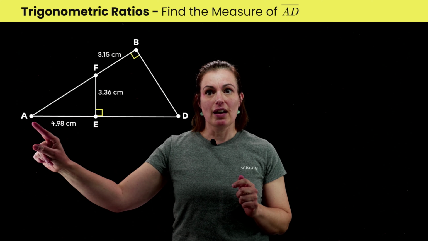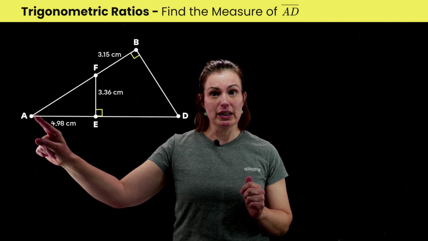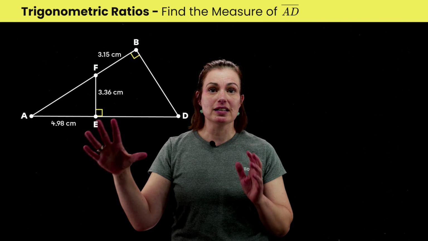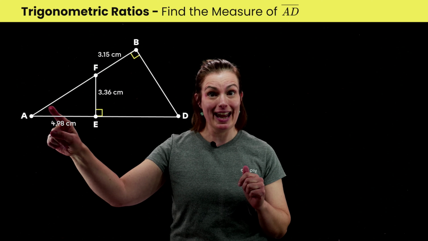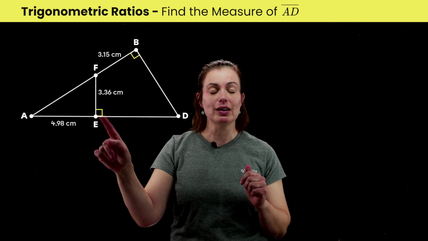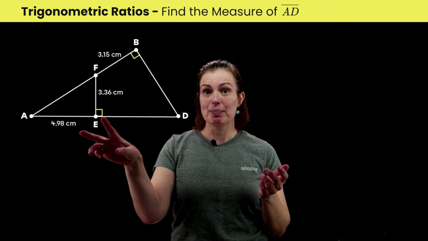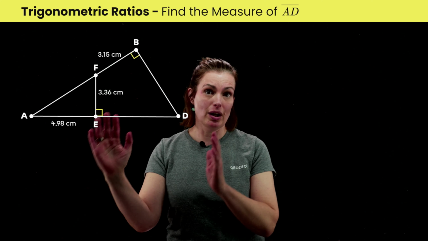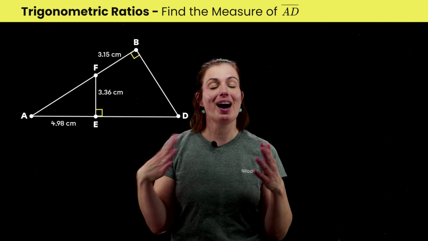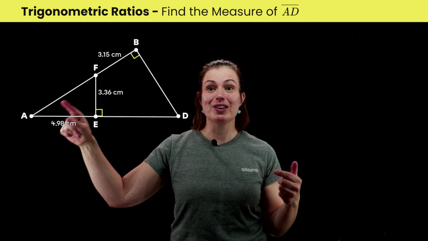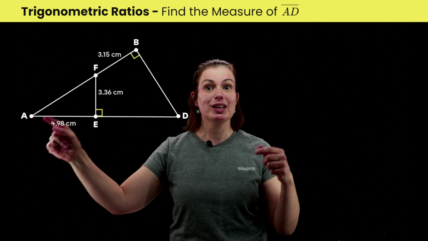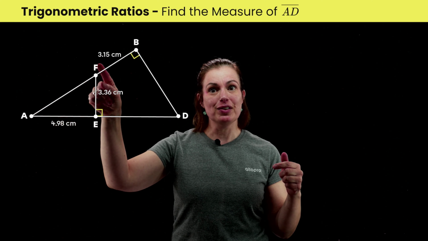I notice that I have a smaller right triangle right here, AEF, and that's sitting within the larger one. So it shares the common angle A with the larger right triangle. And I also happen to have 2 known measures on that smaller right triangle. So I can use some of my trigonometric ratios to figure out what AF is, which would give me enough information.